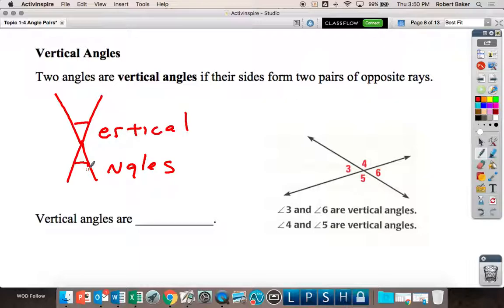Does that even make sense? Why I drew it that way? Yes. So if you see that, pick the definition there. Then you pick a pair of vertical angles out from the question over there.